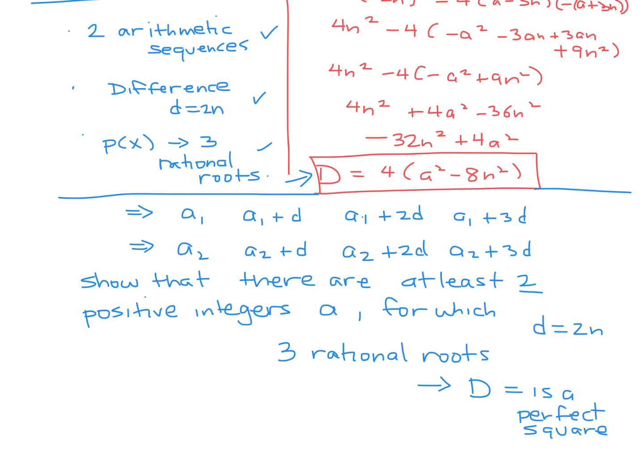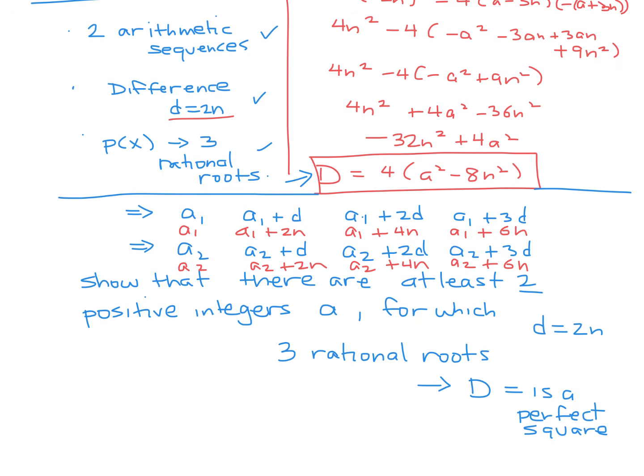Actually, I'd like to put in that 2n. So a1 plus 2n, a1 plus 4n, a1 plus 6n, just to make this complete. a2 plus 2n, a2 plus 4n, a2 plus 6n. Okay, let me see if I've covered all my bases here.